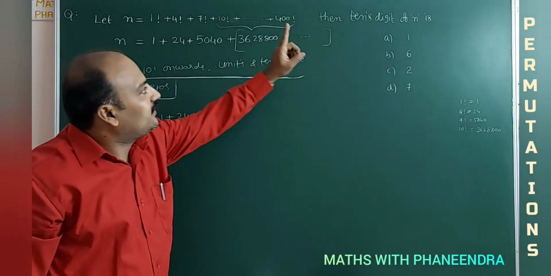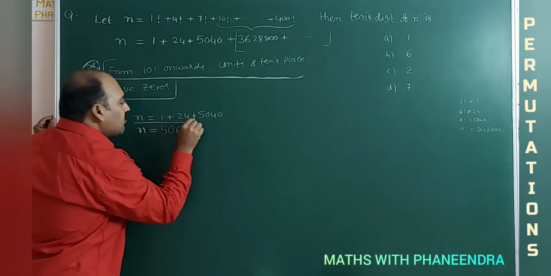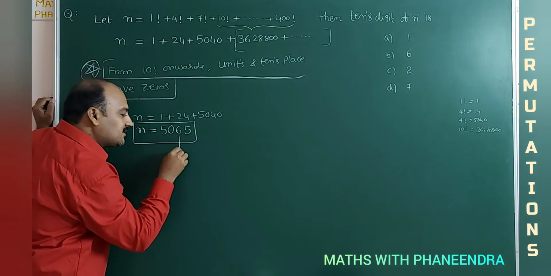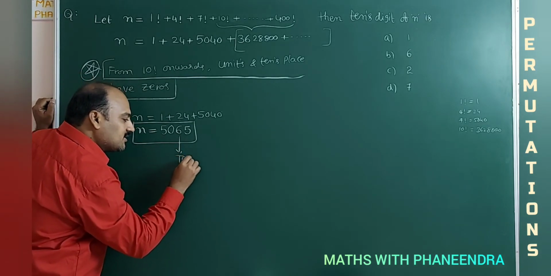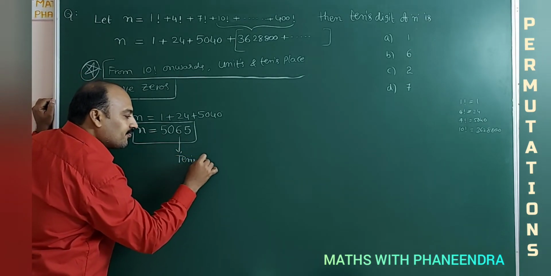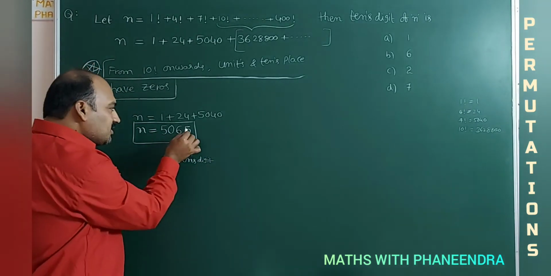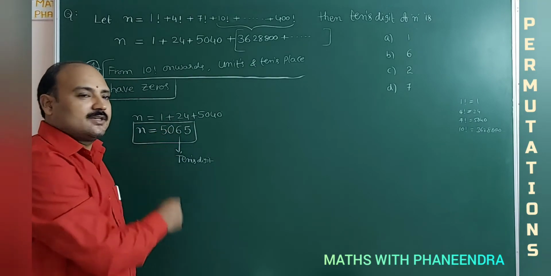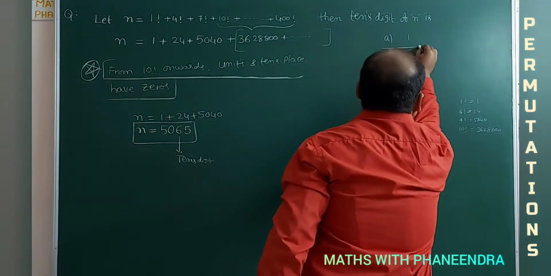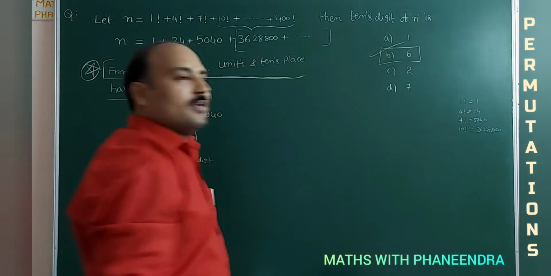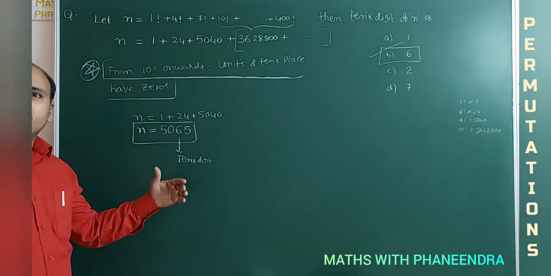In this number n, what is the tens digit? It is equal to 6. The units digit is 5, the tens digit is 6. So the answer is 6. I hope everyone understands, dear students. We'll move on to the next question.